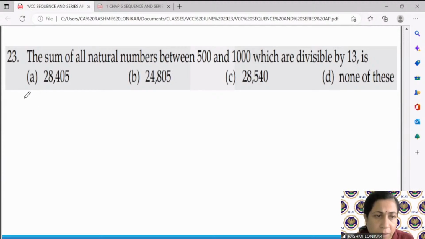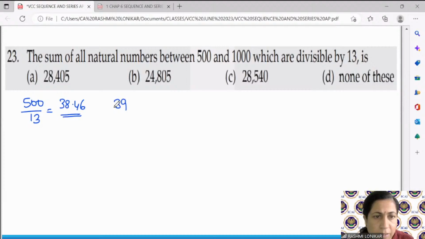Now here, divide 500 by 13. Okay, 500 divided by 13 is how much? 38.46. What is the nearest number now greater than this? So this is 39.